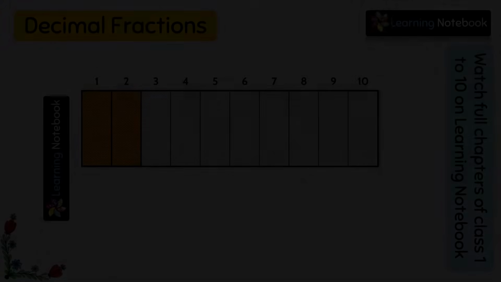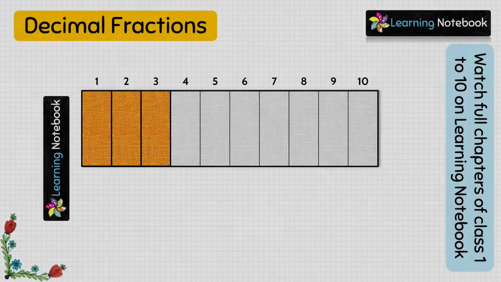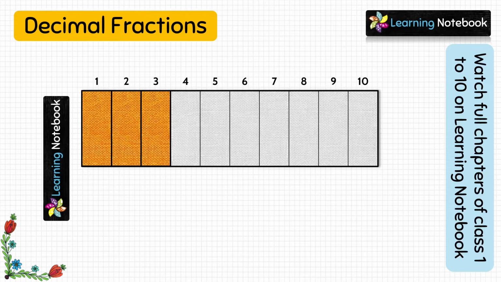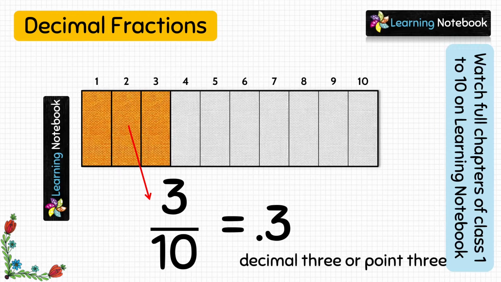Now let's color one more part. So we have colored 3 parts. So what is the fraction of this colored portion? Yes, 3 by 10. And what is its corresponding decimal number? Yes, 0.3.